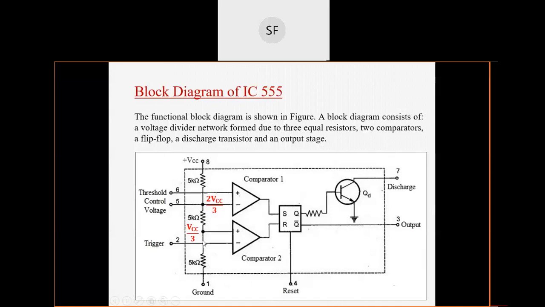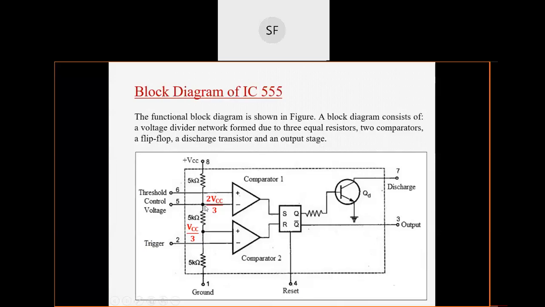Accordingly, the voltage at this point is VCC by 3. This voltage we have measured with respect to ground. So the voltage across a 5 kilo ohm resistor is VCC by 3.